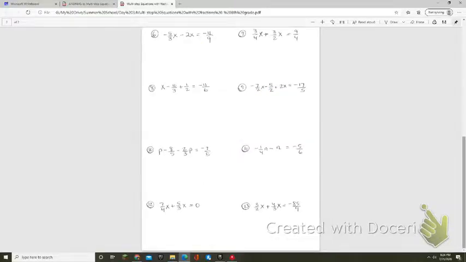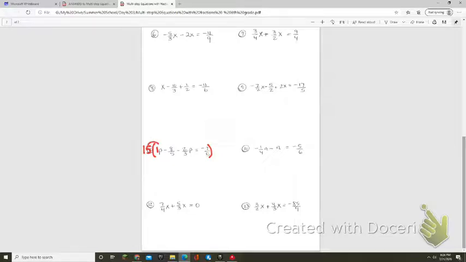The final problem we're going to look at is number 10. When you look at number 10, there is a 1 in front of this p, and you have a 5 as a denominator and a 3 as the denominator. So our common denominator is 15. So we're going to multiply everything in this problem by 15 to clear our fractions.